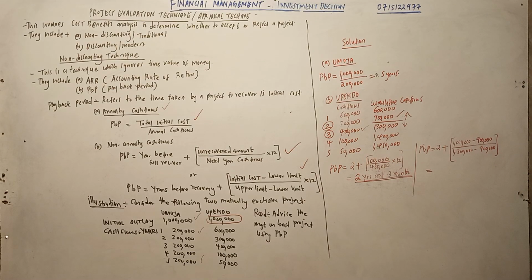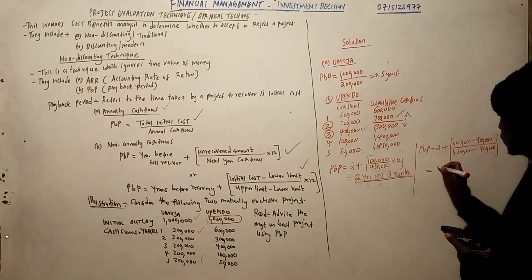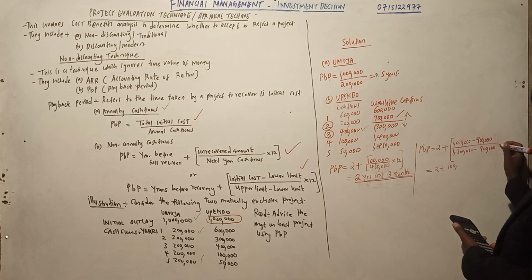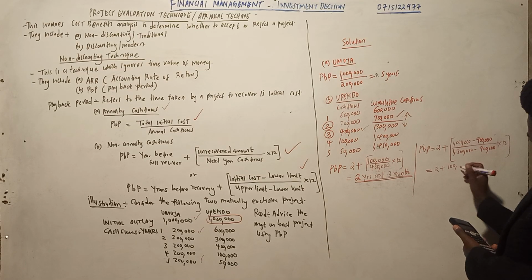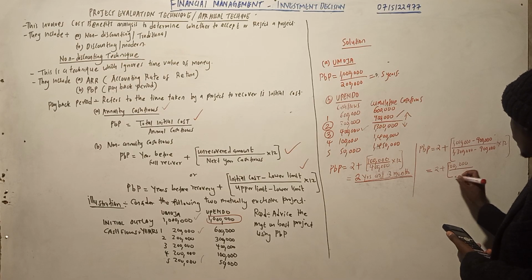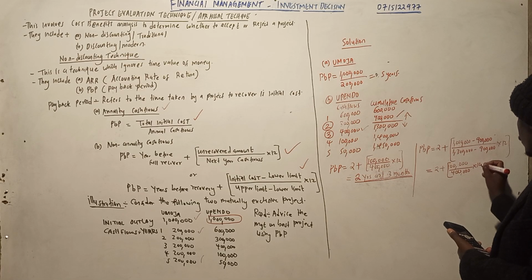So how much would that figure be if we do it? It will be 1 million. So the first one will be 2 plus 100,000, and remember times 12. So it will be 100,000 over 1.3 minus 900, which is 400,000, times 12.